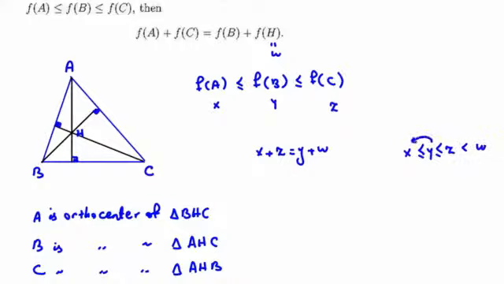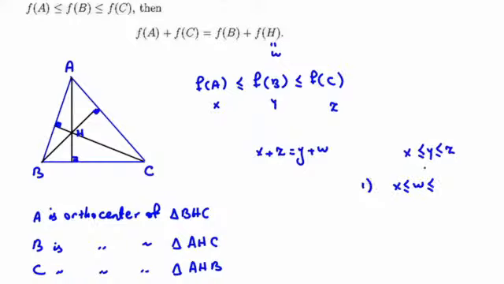Because Y is greater than or equal to X, and W is greater than Z, so W plus Y will be greater than X plus Z. So W cannot be in this part. Also, W cannot be here, because then, look, X is greater than W, and Z is greater than or equal to W, so Z plus X will be greater than Y plus W. So the only possible cases for W are these.